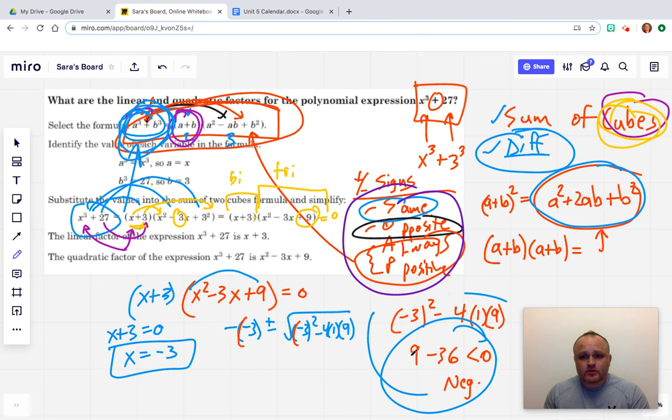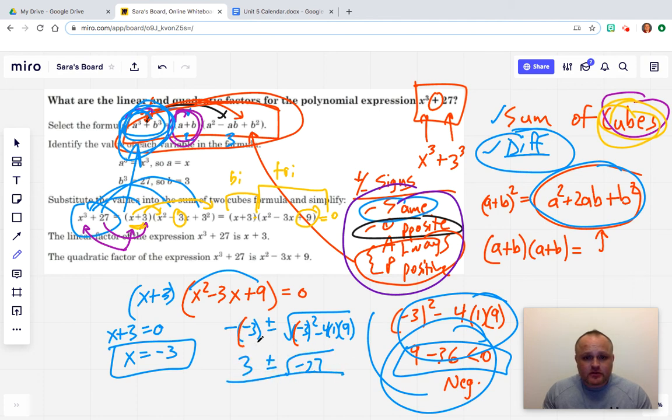Again, the reason why we do the discriminant test is right here we know 9 minus 36. We already know it's going to be a negative something, okay? So what, a negative 27? This negative 3 is still a positive, and it's all over 2a, okay? So it's all over 2 times 1.